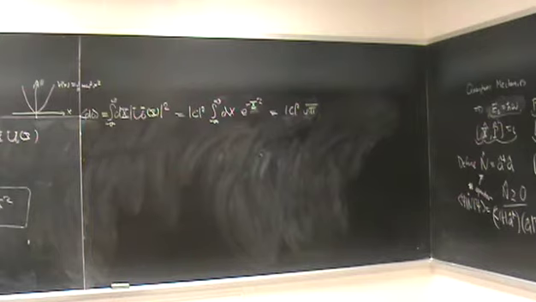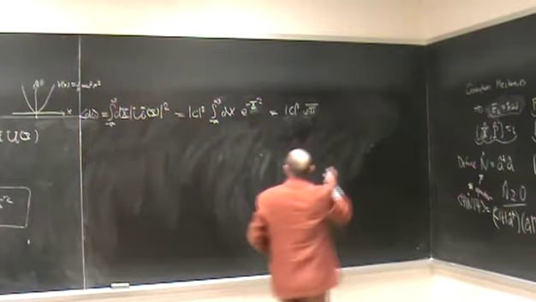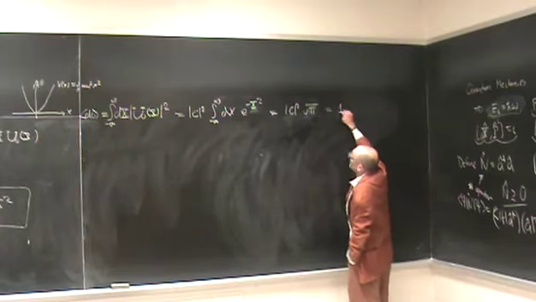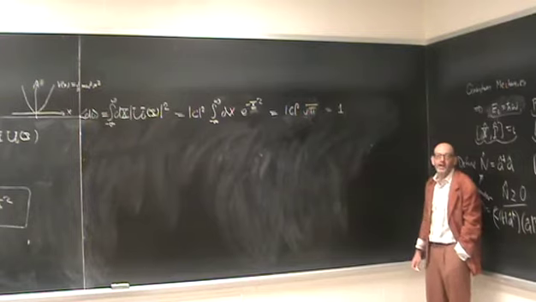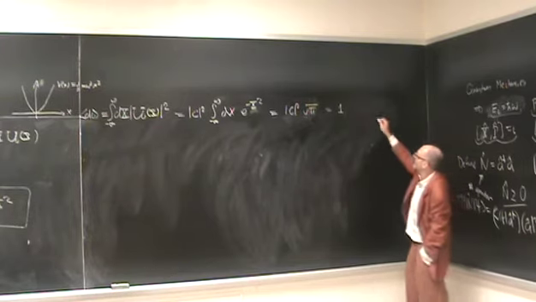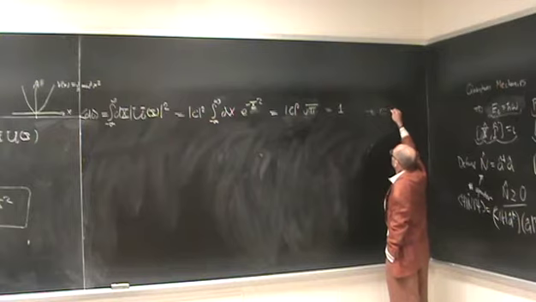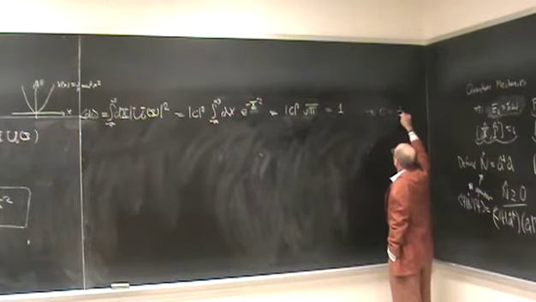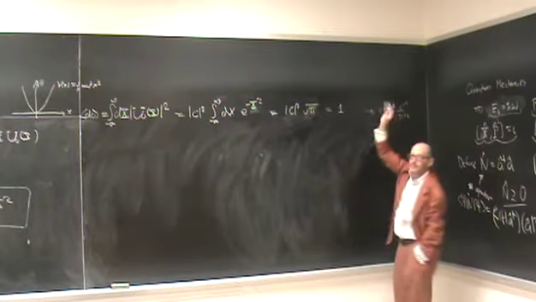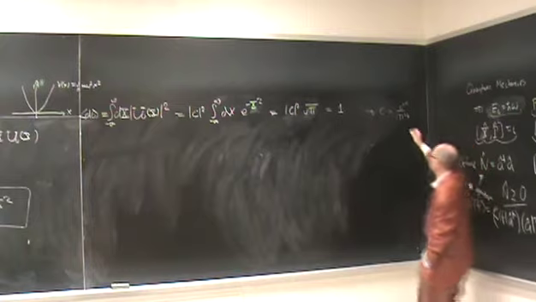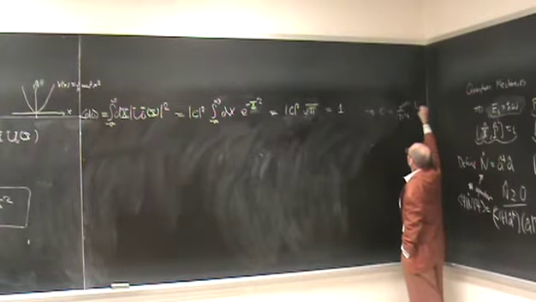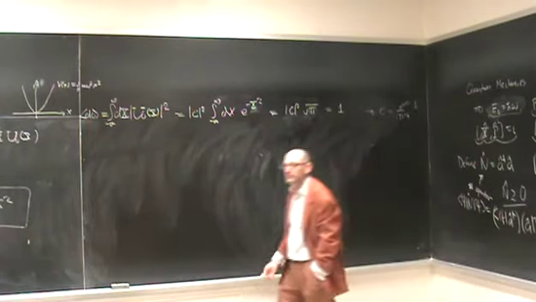Okay, it's good. All right, and we want this to be equal to 1 to normalize it. So what do we choose c to be? One over pi to the 1/4. That's right. Now, of course, there's an overall phase that we can always put in front here, but by convention, we choose this to be 1.